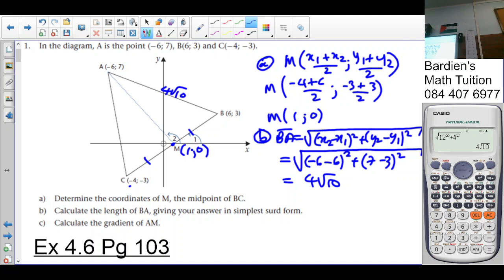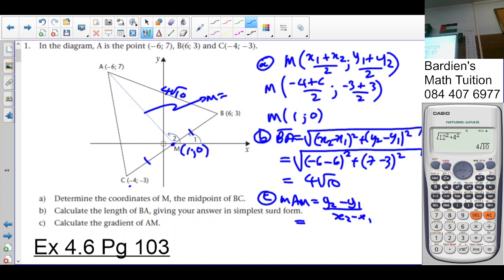C. Calculate the gradient of AM, which is this line here. How do you calculate the gradient? It'll be y2 minus y1 over x2 minus x1.